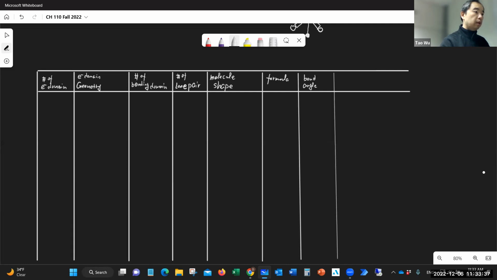The next one is example. Okay, so we have 1, 2, 3, 4, 5, 6, 7, 8 columns. We're going to make 8 columns, but we're going to have a lot of lines. So please leave enough space in the empty parts, and we're going to draw those shapes. Okay, so let's take a break.